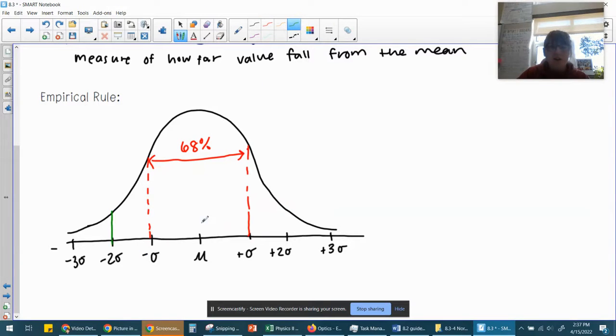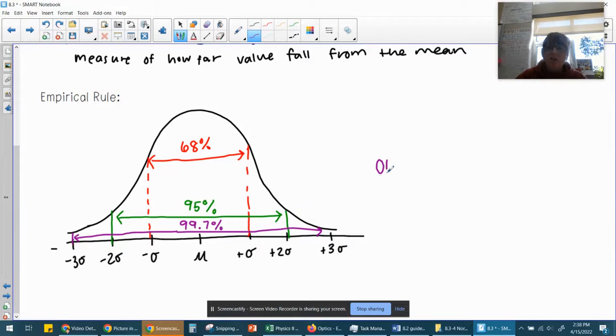If you go out to 2 standard deviations and see how much data falls within those 2, that's going to be 95%. And then if you go all the way out to 3 standard deviations, that's going to capture 99.7% of the data. So all but 0.3% is going to fall within 3 standard deviations.